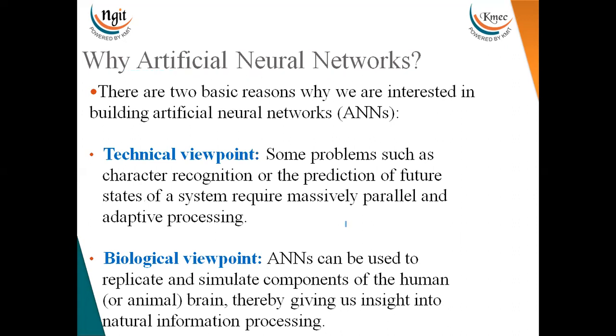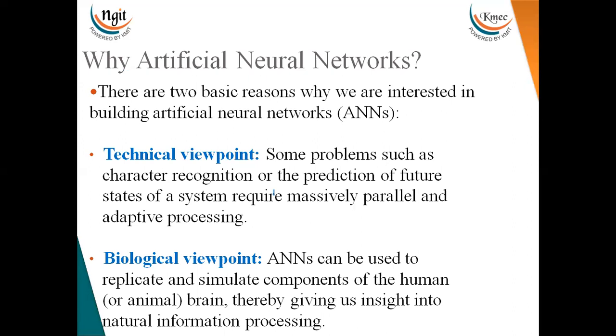Now, why are we designing an artificial neural network? Technically, there are some problems which are surely solved by an artificial neural network, mostly prediction problems, data classification, character recognition, or image processing.